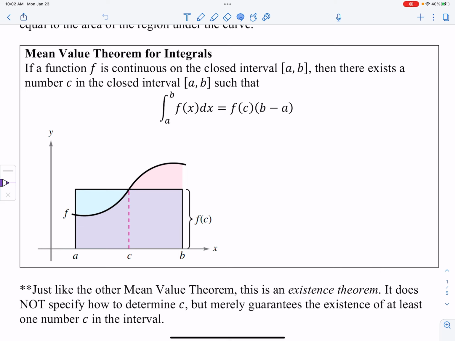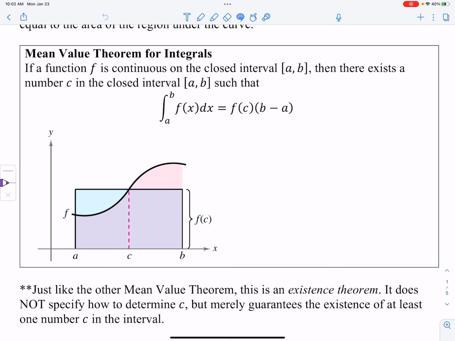Remember when we were studying the mean value theorem for derivatives, which guaranteed an instantaneous rate of change on an interval. It's an existence theorem. So it tells us that a value exists, but it doesn't tell us how to find that value.